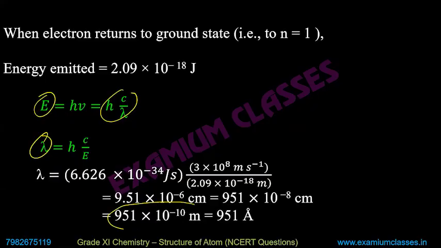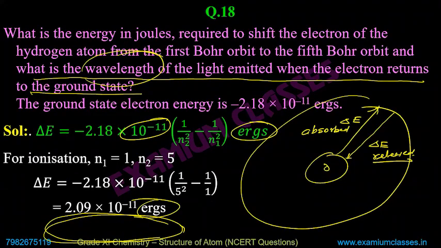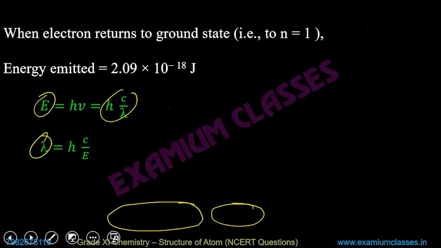Because here it is a very small value, that's why I have converted it into angstrom. If it is very small, you can mention it in angstrom, you can mention it in nanometer. And sometimes in the question, it will be asked to mention the answer in particular units. So I hope everything is clear till here.